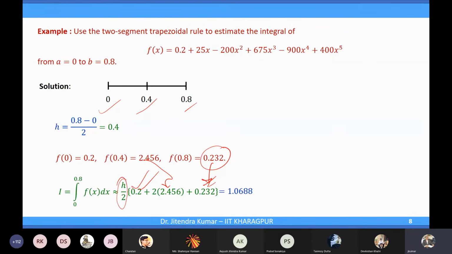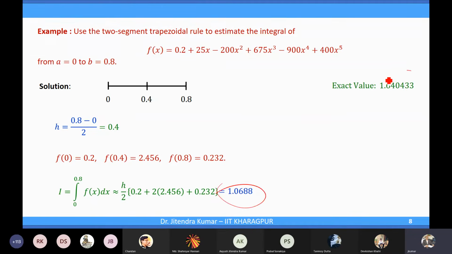When you simplify this, you will get 1.0688. So still we are far away from the actual value, but much better than the earlier one. If you remember, when we took just one interval, the value was not even one, it was some point something. Well, fine. Shall we go ahead, or do you have any question?